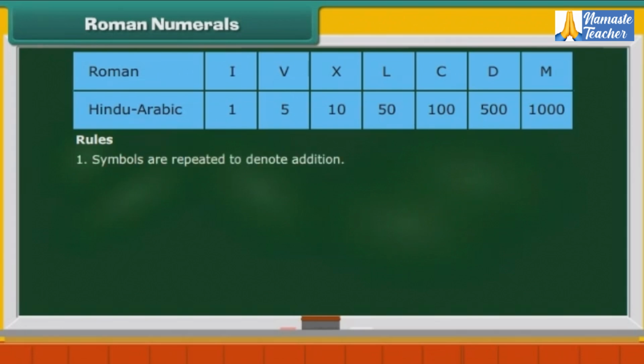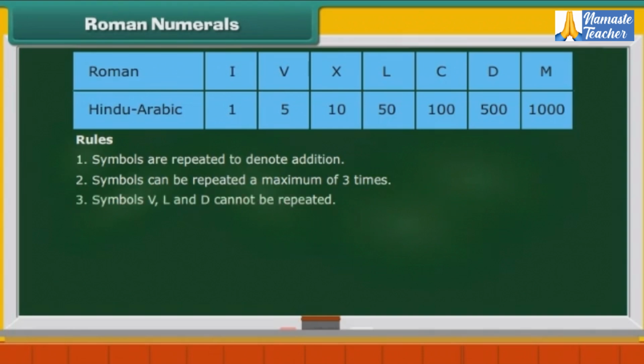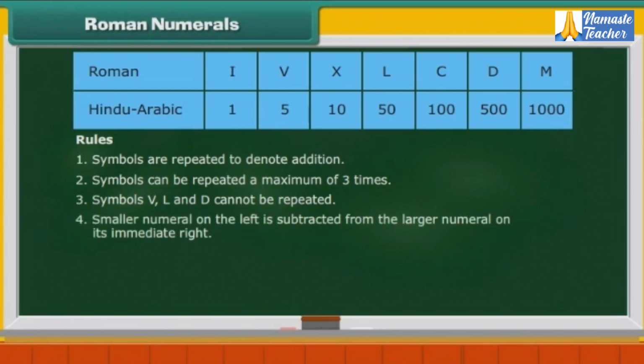Number 1. Symbols are repeated to denote addition. Number 2. Symbols can be repeated a maximum of 3 times. Number 3. Symbols V, L, and D cannot be repeated. Number 4.